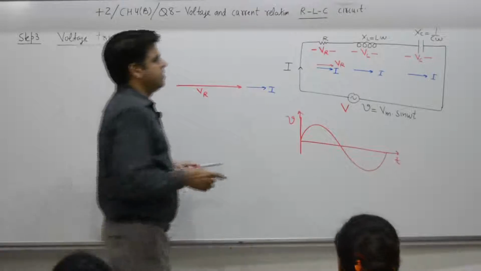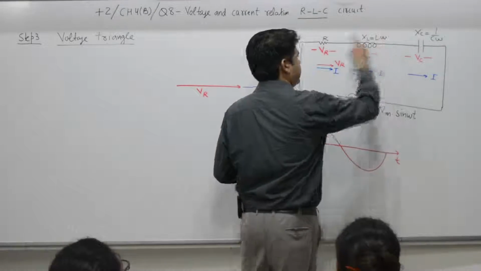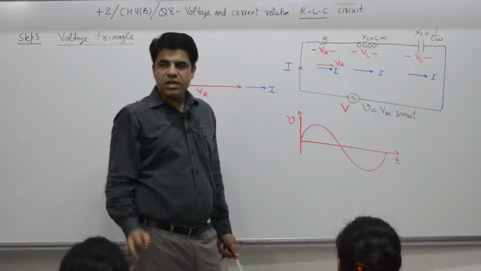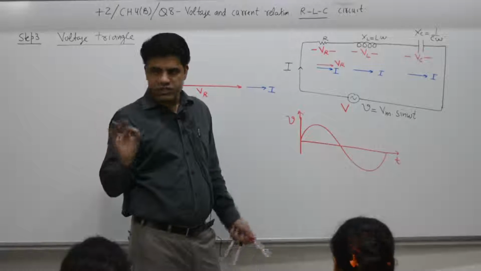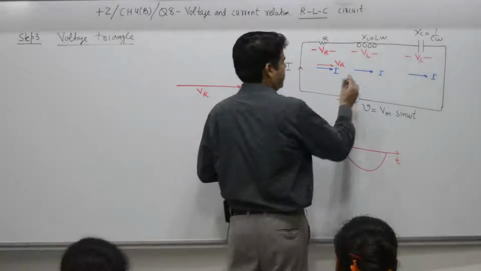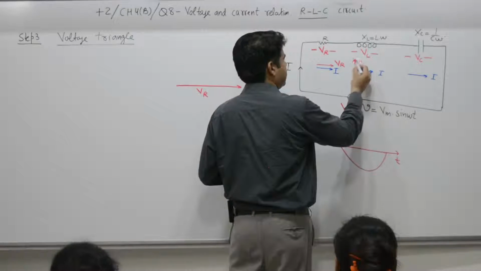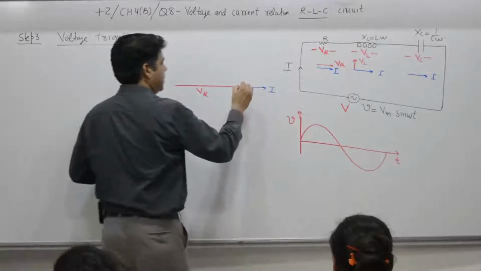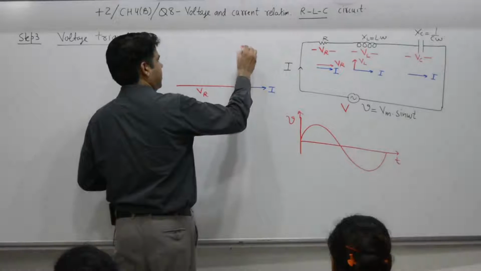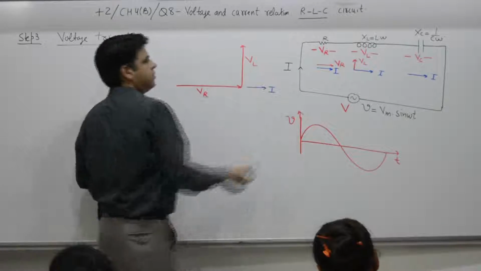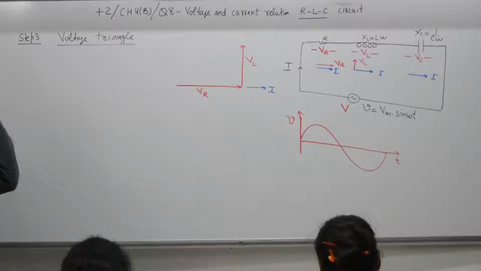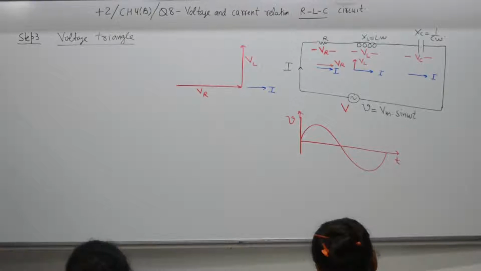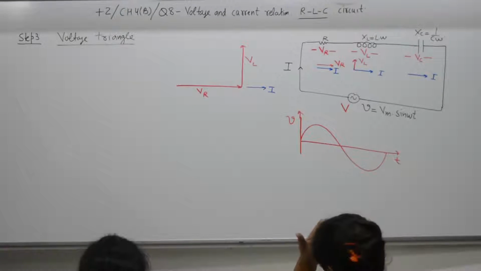Second part, inductor. For an inductor, current lags voltage by 90 degrees. So, voltage VL. Here, VL. Try the third one on your own. VC, try to mark VC.